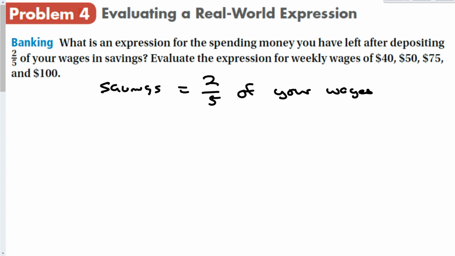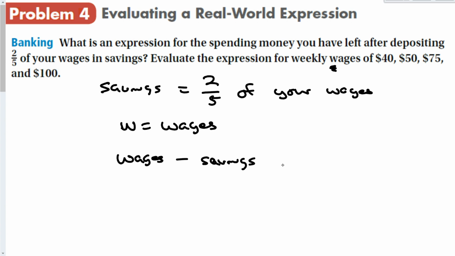So let's write an algebraic expression and then figure out how we're going to solve this. So let's use, because we're going to talk about wages, let's use my variable as W. So let's say W is equal to wages. All right, so now we're going to make an algebraic expression. So my spending money, right, is going to equal my wages minus the part that I put into saving.